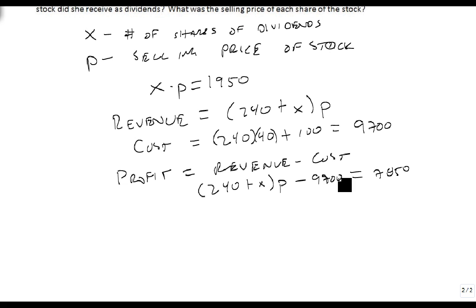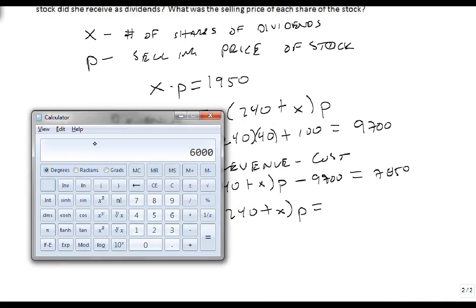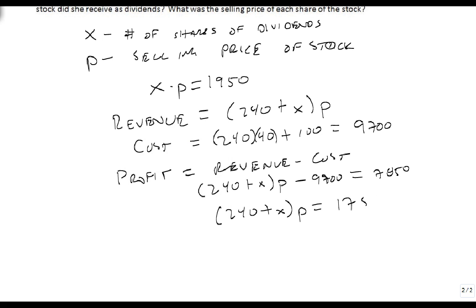Okay, well, that gives us 240 plus X times P equals 78.50 plus 9,700, which is equal to 17,550.